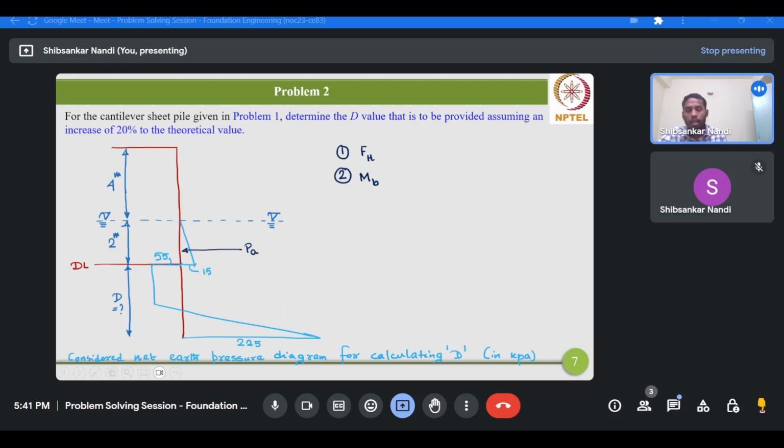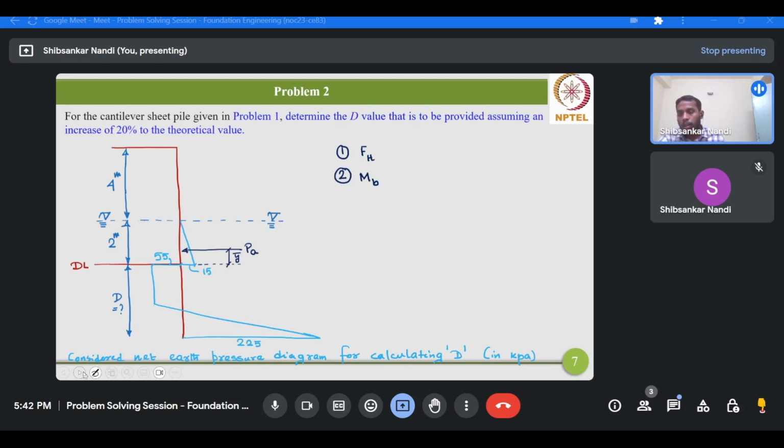This part basically represents the active earth pressure distribution on the wall from region 1. Okay, and PA is the resultant of this active earth pressure distribution, and this is acting at a height of y bar from the dredge level. So from the dredge level, the lever arm of this resultant active earth pressure is y bar. So these are the two variables that we have just introduced.